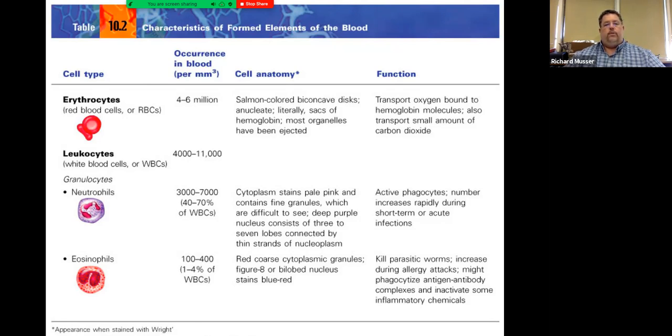So erythrocytes are the salmon-colored biconcave discs. They're anucleated. That means they don't have a nucleus, and they're literally a sac of hemoglobin. Most of the organelles and the nucleus have been ejected out of the cell after it has gone through its development.